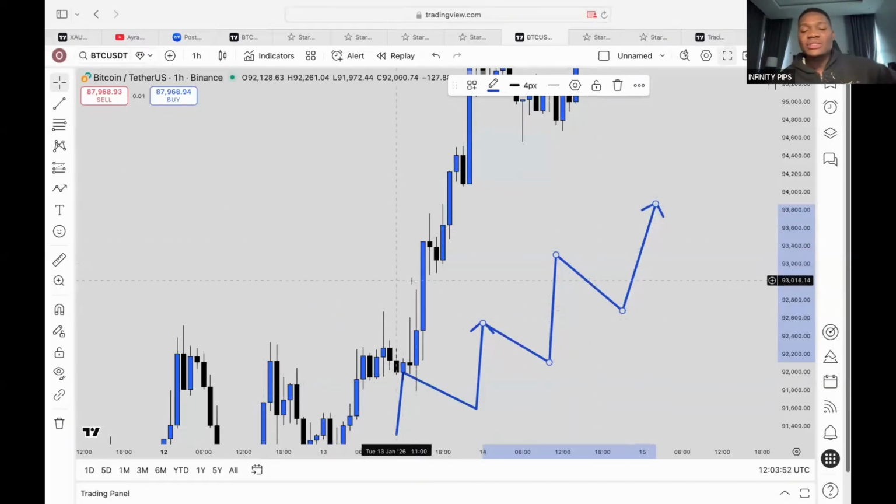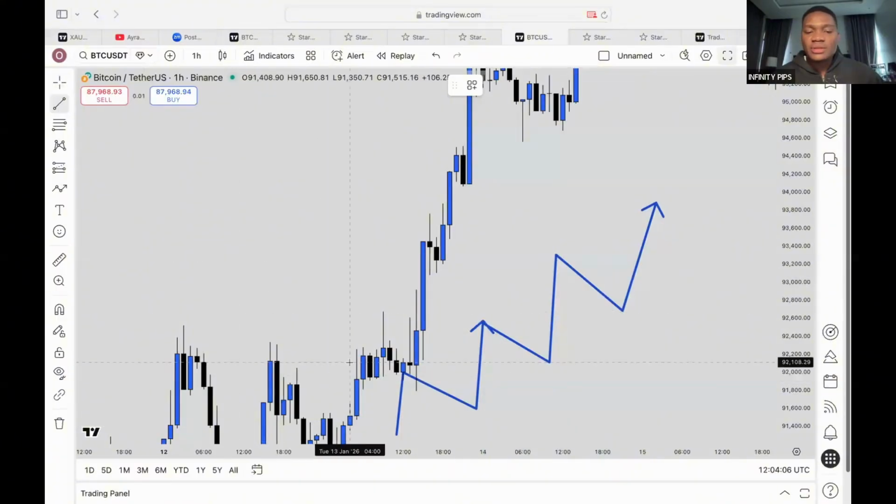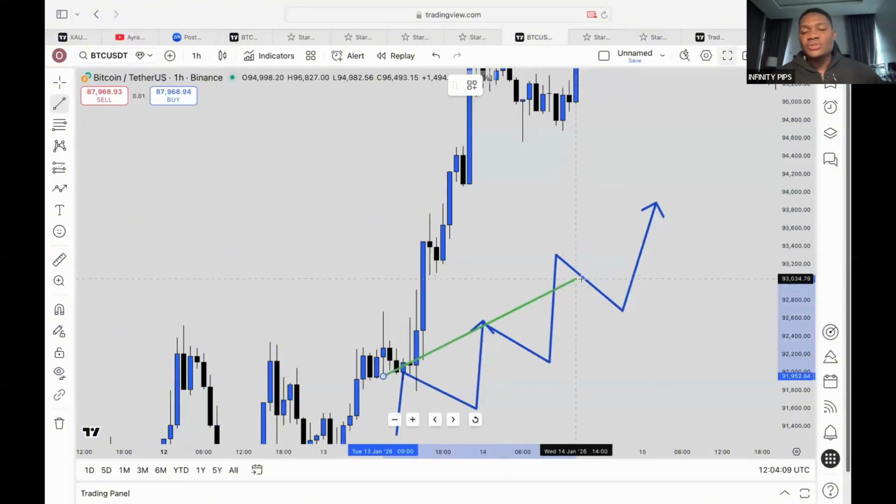So this is the ideal way that we have been taught, that this is a bullish movement. But when the market wants to perform its own magic, it doesn't go the way we have mapped it out. If you notice, this is straighter than what I just drew. This is like up without doing much up and down.